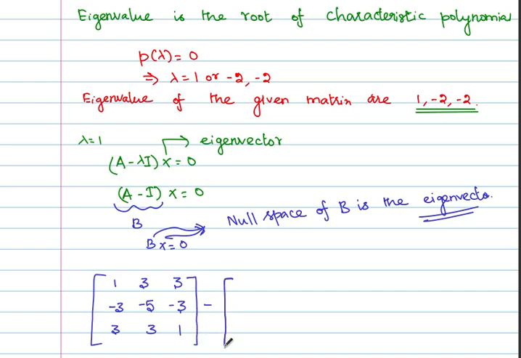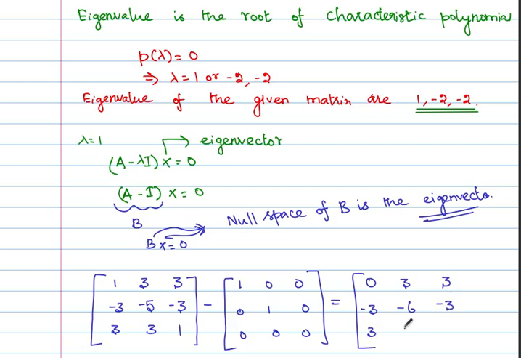Minus lambda I, where the lambda value is 1 only, so you get the identity 1, 0, 0, 0, 1, 0, 0, 0, 1. So this is equal to 0, 3, 3, minus 3, minus 6, minus 3, 3, 3, 0. This is our matrix B.